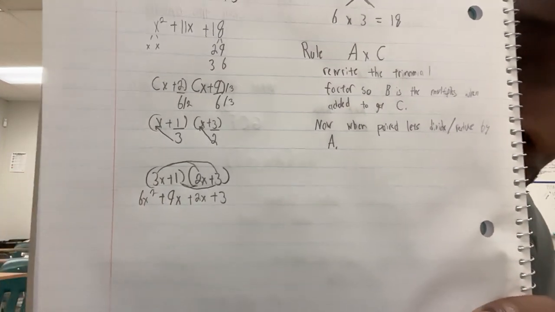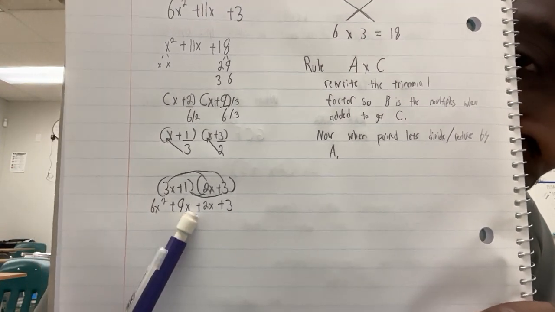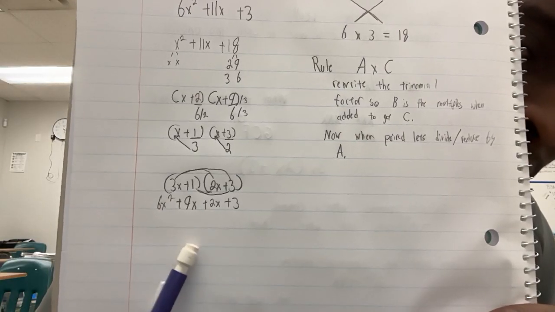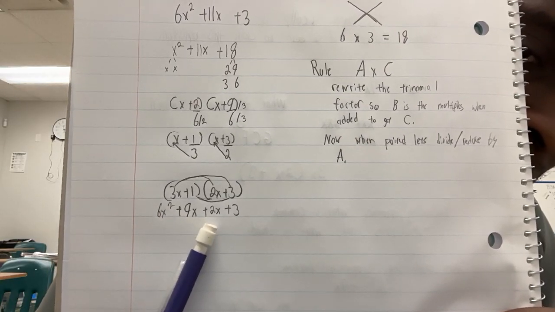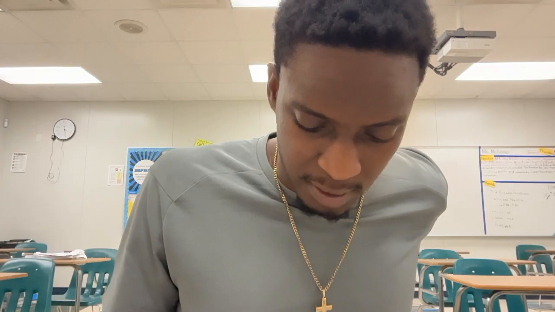We're cracking. 6x squared plus 9x plus 2x plus 3. What's my like terms? Focus on the middle. 9x plus 2x gives you 11x. And holy moly, something needs to rhyme with holy, because we just created our original problem.